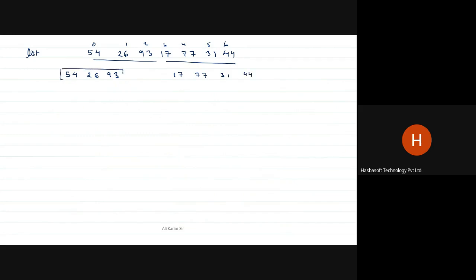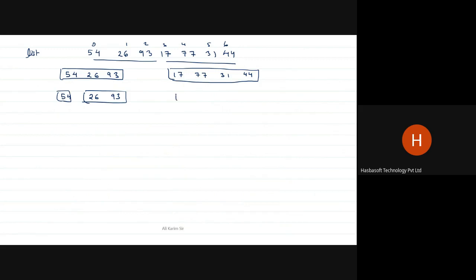Again, this entire array, list, you can say list or array, you need to divide further. In this case, again I cannot divide it into equal halves. I can either take 54 here and go for 26 and 93. So this is my new array.